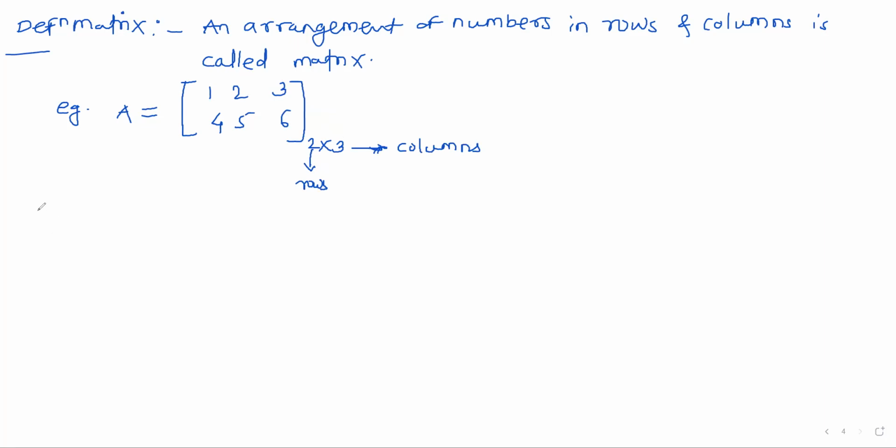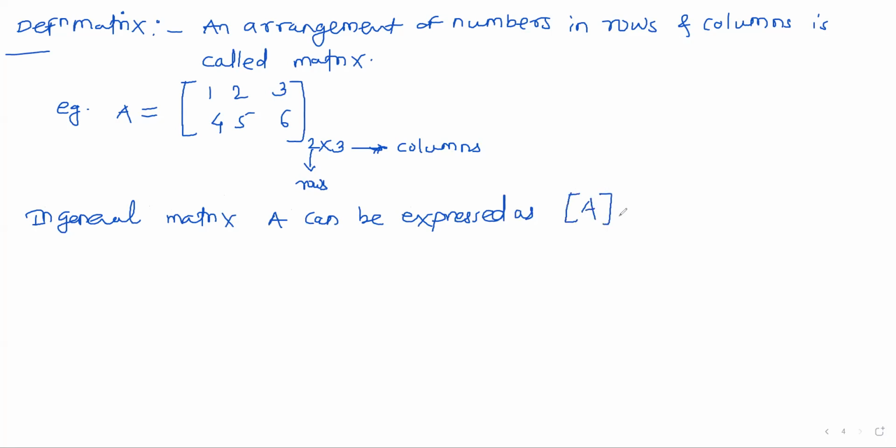In general, you can denote matrix A as a matrix symbol with ith row and jth column, meaning ij is the order of the matrix, or simply aij.